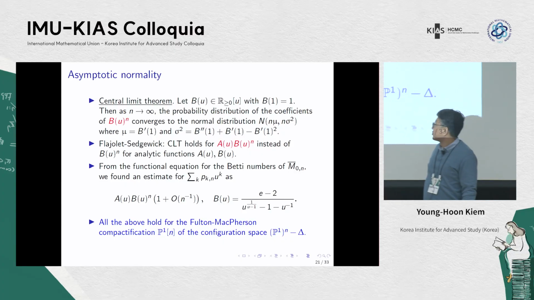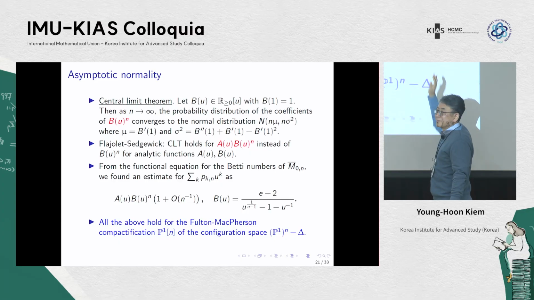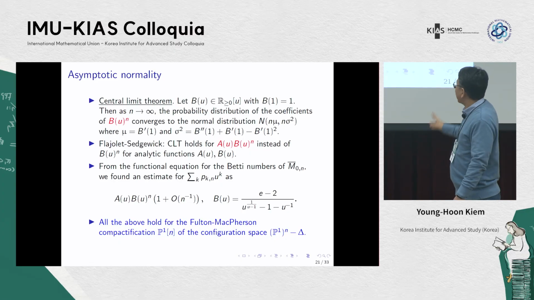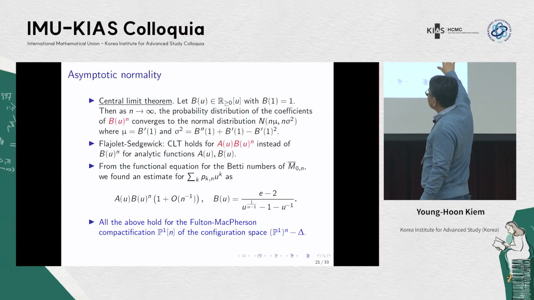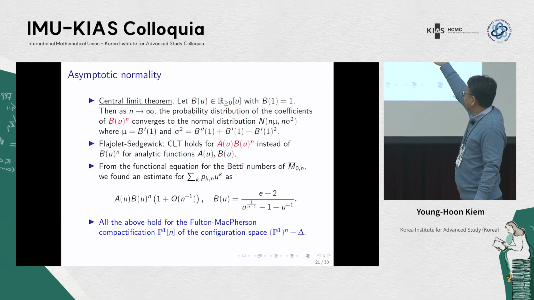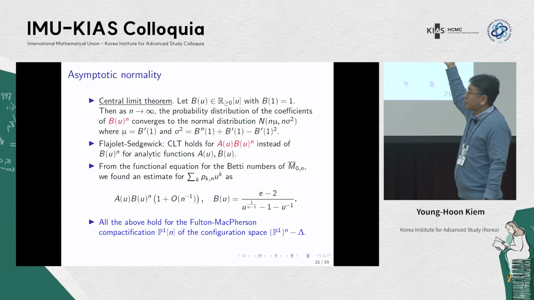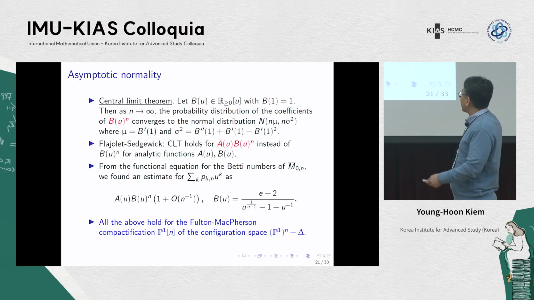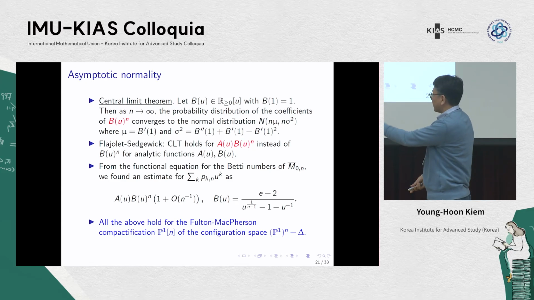It looks very strange, but this is what we get. So that's the proof. Because we got this estimate by complex analysis and applied the Flajolet-Sedgewick theorem, a central limit theorem, we have the previous theorem about the distribution of Betti numbers on M0,n bar.